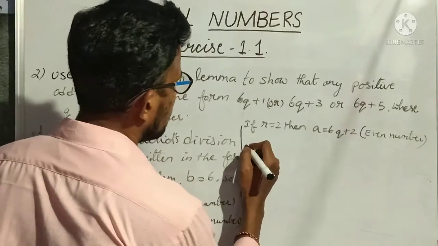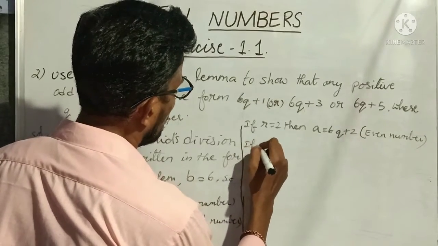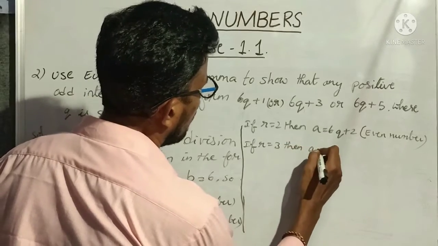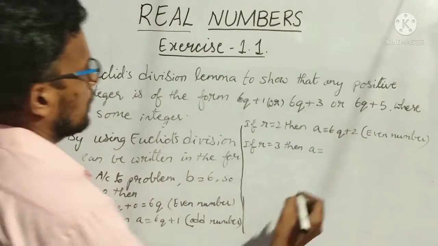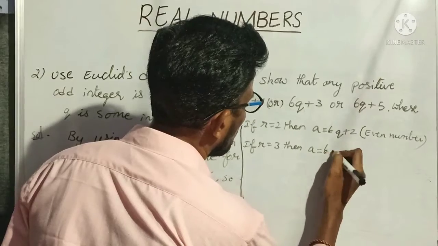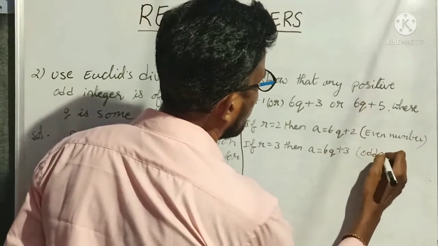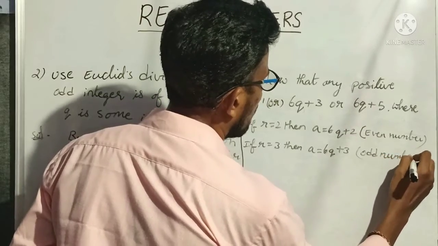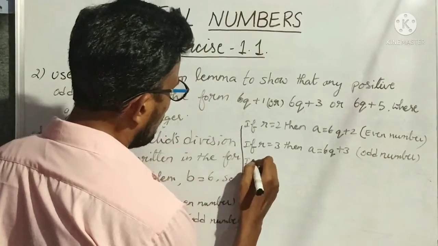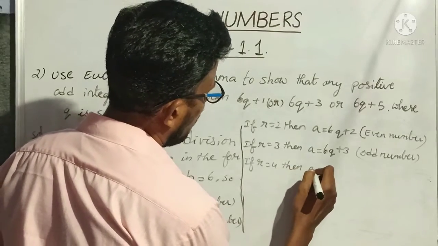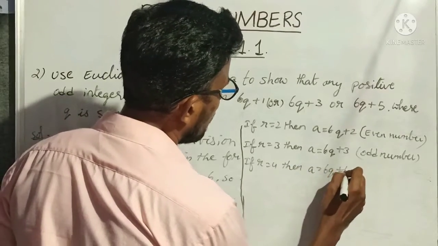If r is equal to 3, then a is equal to 6q plus 3. This is an odd number. Next, if r is equal to 4, then a is equal to 6q plus 4.